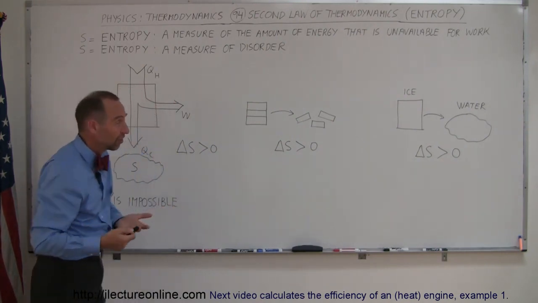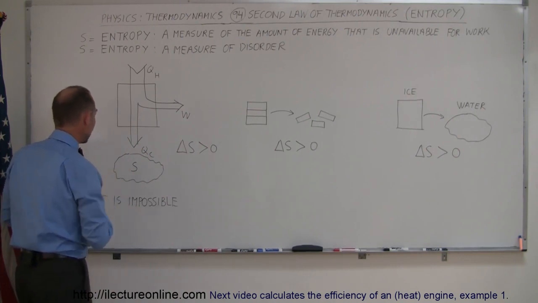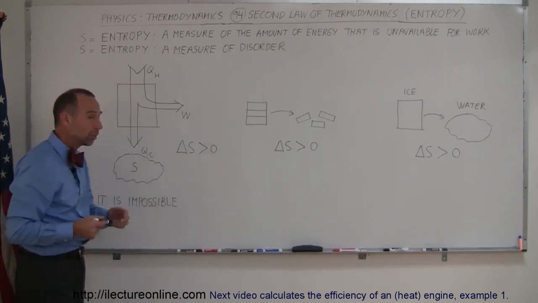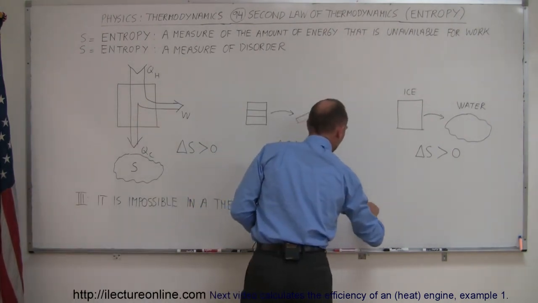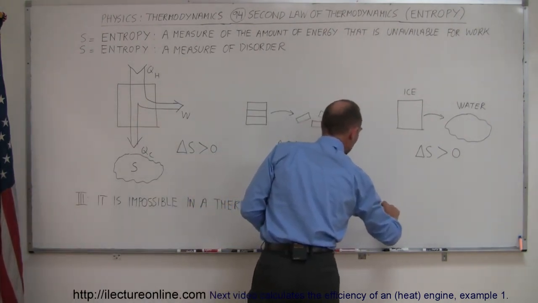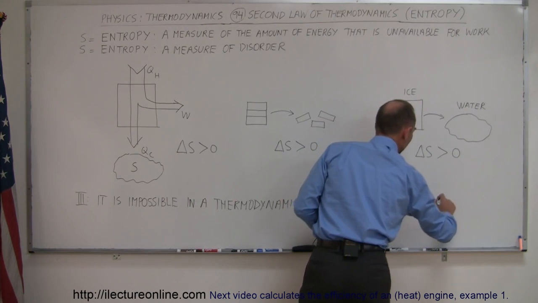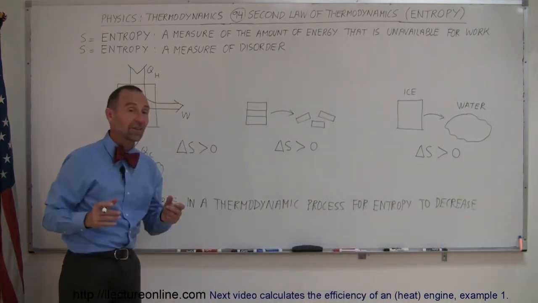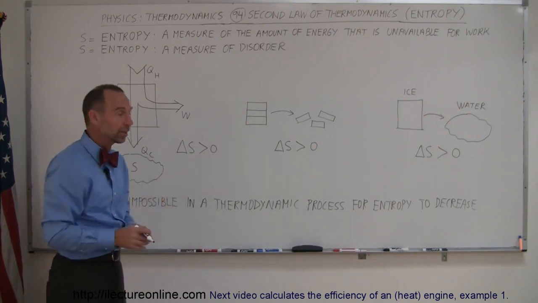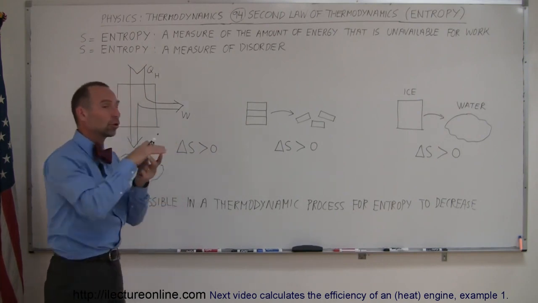So how do we express the second law of thermodynamics in terms of entropy? It is impossible in a thermodynamic process for entropy to decrease. Now we have to be careful with that statement, because let's say you have a hot object and a cold object, and heat is moving from the hot object to the cold object.